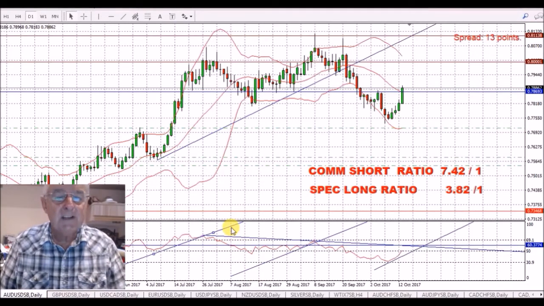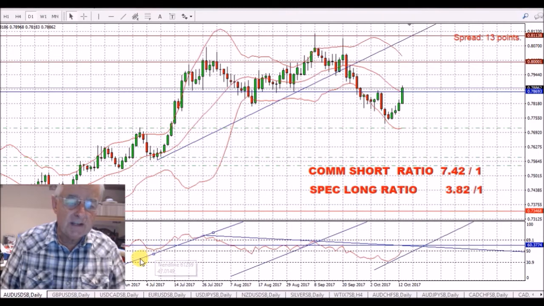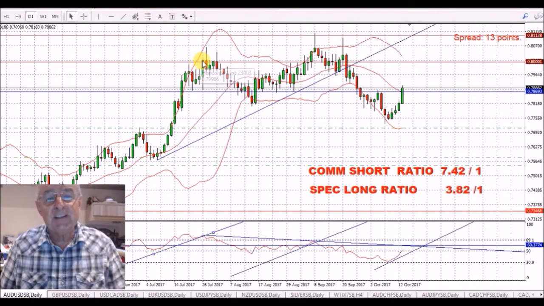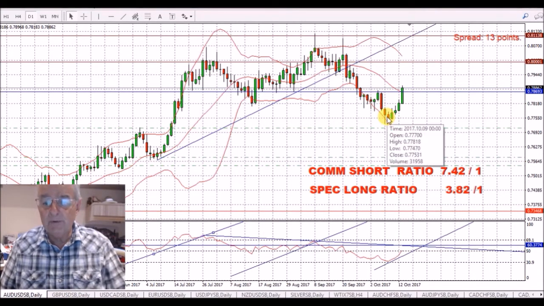So here we have the Australian dollar, US dollar, and we've got the RSI. Now if we put a trend line on the RSI and we wait for it to go above the 69.1 and come back down and cut through it, this gives us a sell signal. Obviously, this would have been a very good sell signal here. We had a sell signal here indicating this big long fall that we've had.